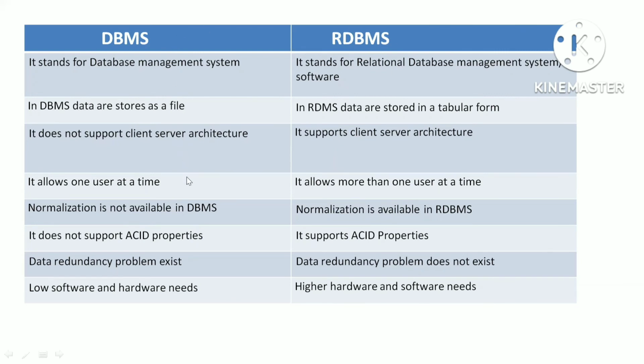More than one user means 2, 3, 4, up to infinite, right? Normalization is not available in DBMS, but normalization is available in RDBMS. DBMS does not support ACID properties, but RDBMS supports ACID properties.